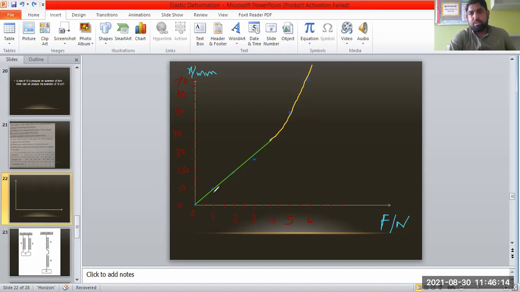You are given in the table the extended length of the spring, and you can subtract the initial length of the spring each time to find out the extension in that spring. For 2 newtons load, the extension is 18 millimeters, for 3 newtons it is 27 millimeters, for 4 it's 36, for 5 it's 48 millimeters, and for 6 it's 70 millimeters.